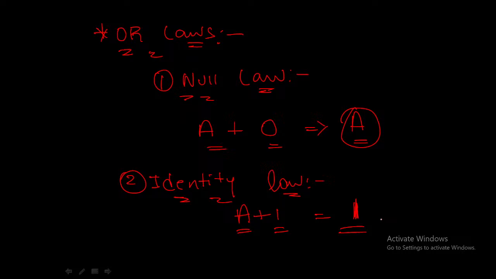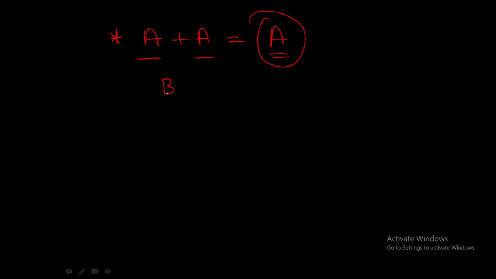So in the identity law, if A is added with 1, the output will be equal to 1. Next, if a variable is added with itself, then the answer is the variable itself. That is, A plus A is equal to A, or B plus B is equal to B.